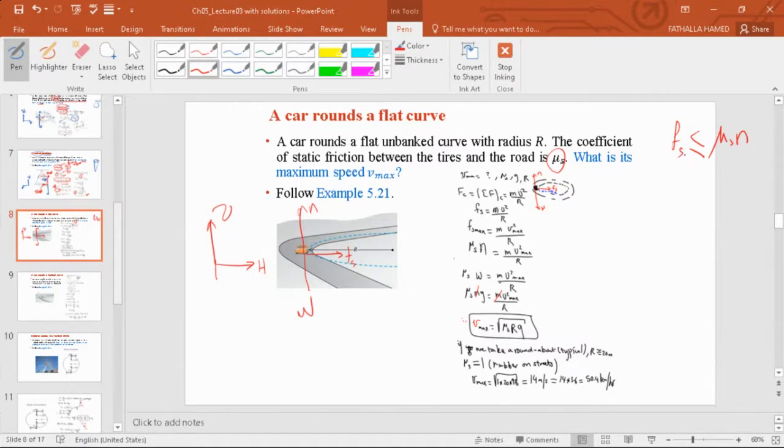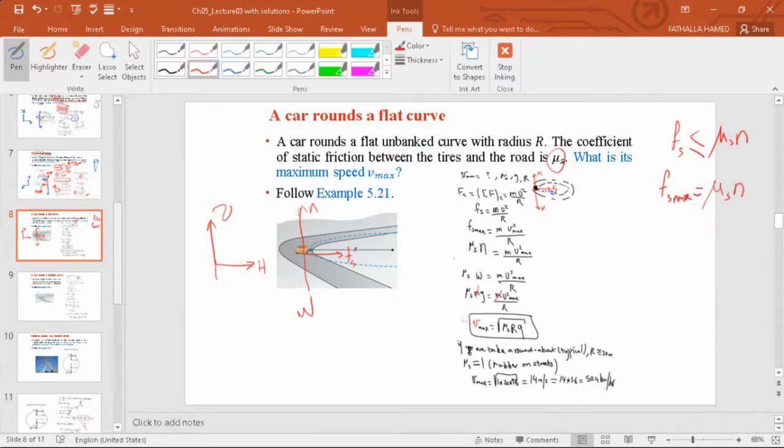After that, you lose it and the car starts moving. If we lose that static friction, the car will be sliding and it cannot be kept on the circular track. So the maximum static friction that we can have is mu s times the normal force.